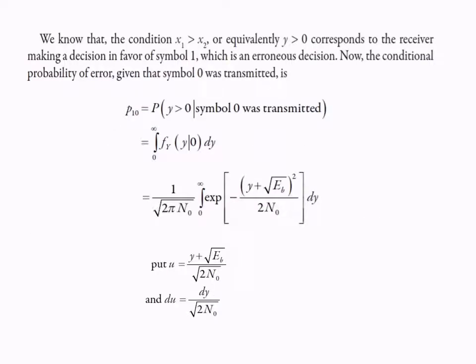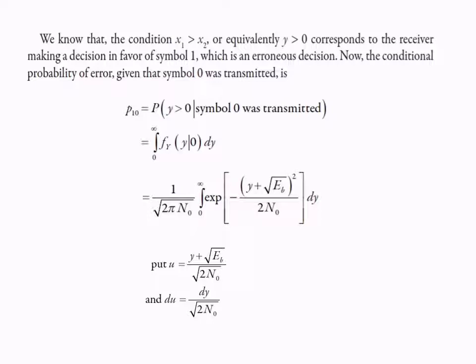Now we know that the condition x1 greater than x2, or equivalently y greater than 0, corresponds to the receiver making a decision in favor of symbol 1, right? So when does error happen?